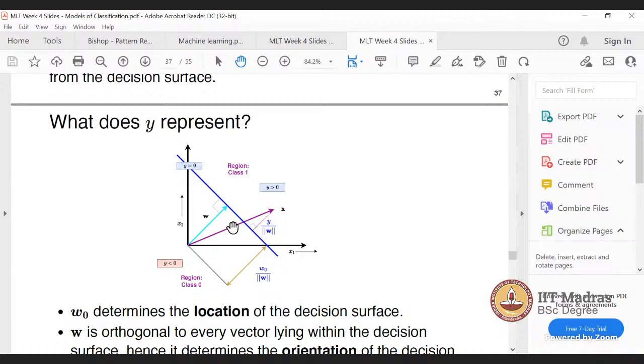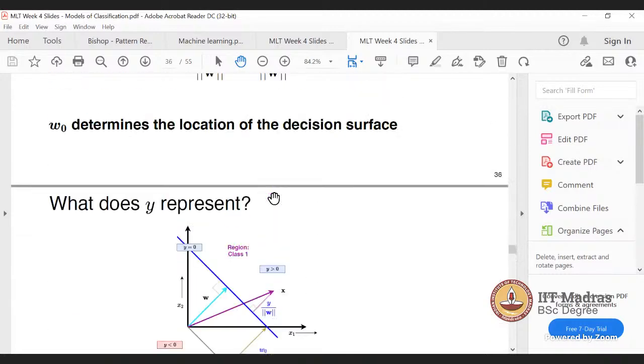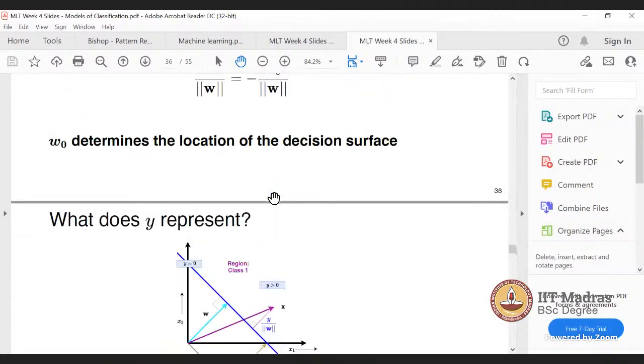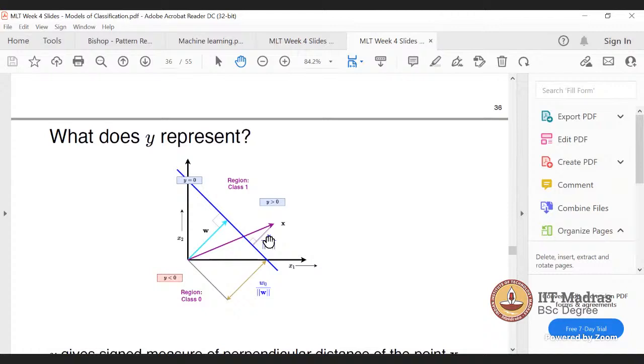And for a particular example, for any x, if you find the value of w naught plus w transpose x, then that y actually represents the signed distance of that point from the hyperplane. Let's say this is a point here, so y will be a signed distance. Signed means either on the positive side or the negative side.